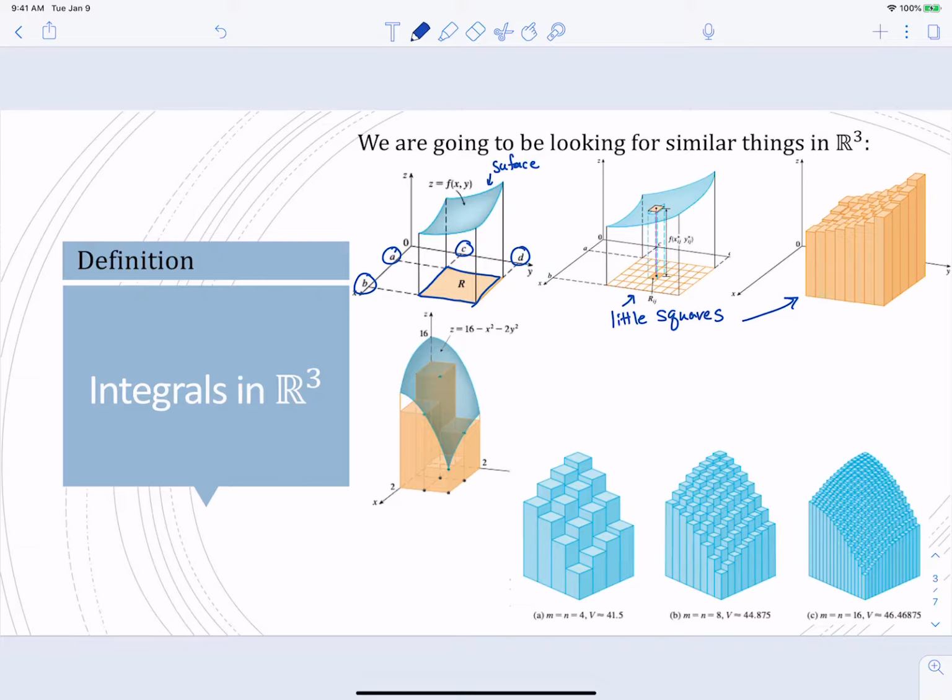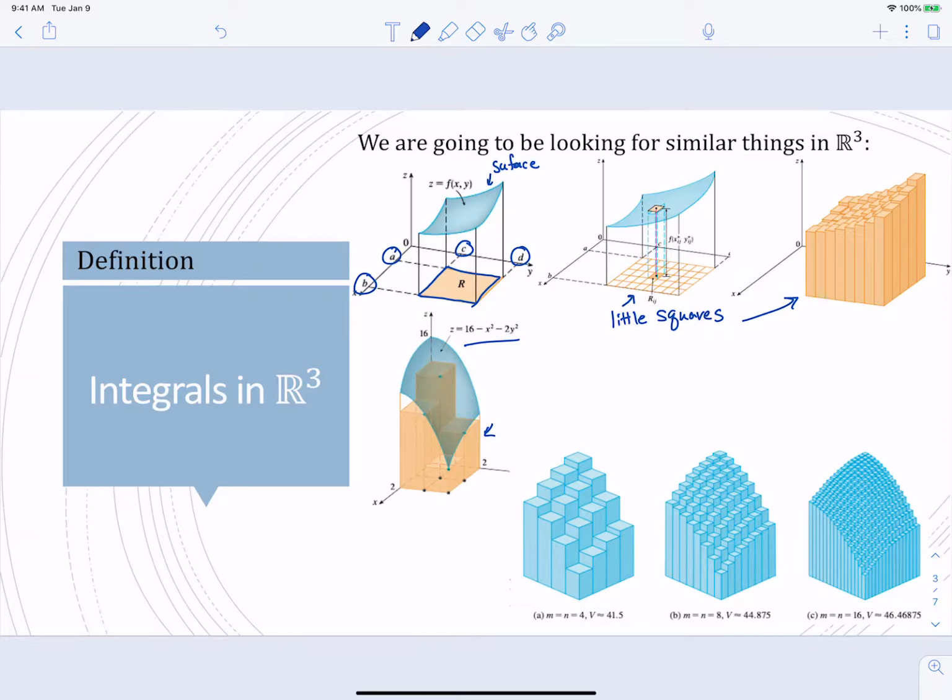Here's a specific example of a surface. If we only use, say, 4 solids to approximate the volume under this surface and above the XY plane, we're not going to get the best approximation of that volume. You can see there's a lot of space in here that we're missing.